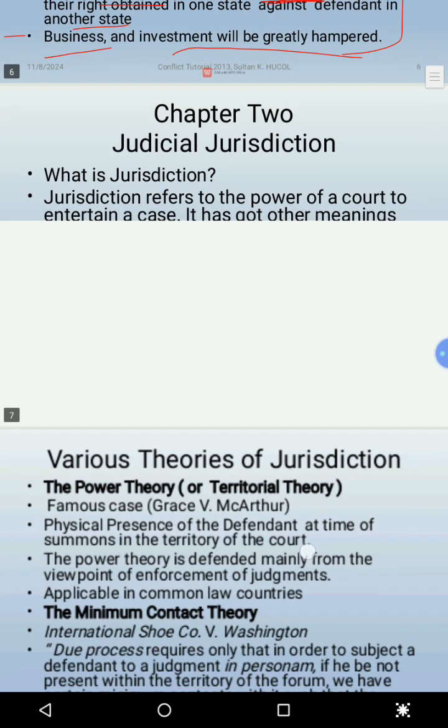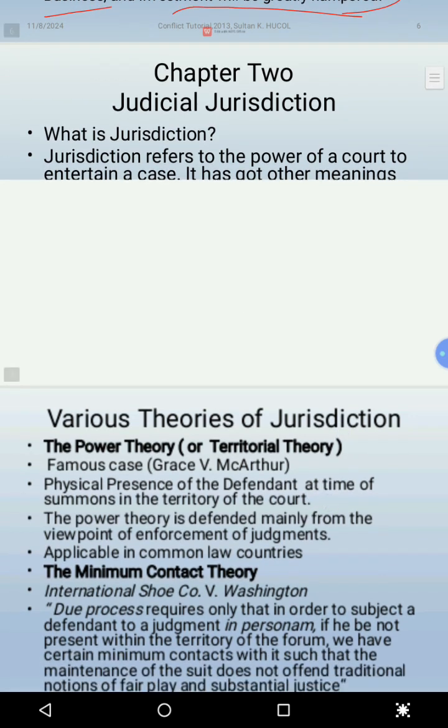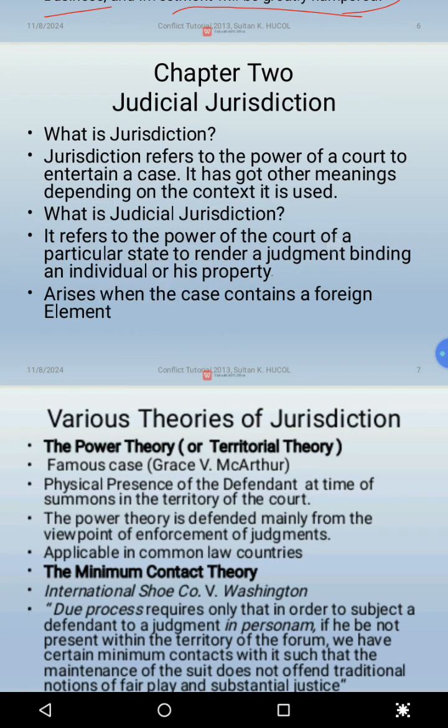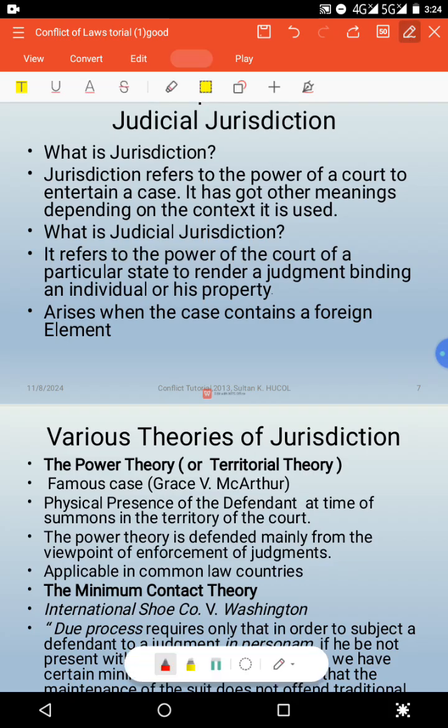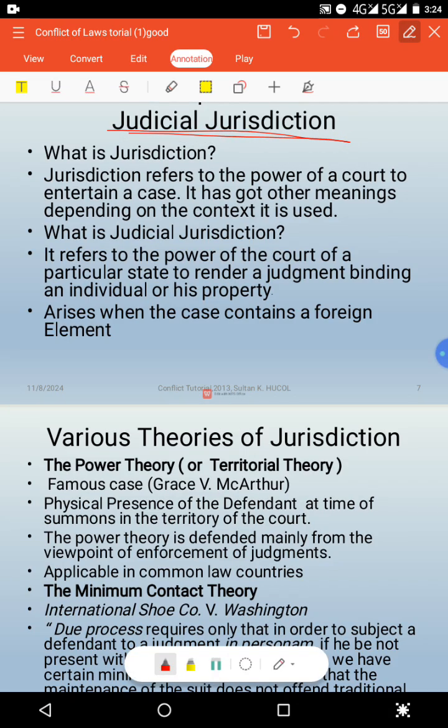And the other point we will discuss is chapter 2, judicial jurisdiction. What is judicial jurisdiction? Theories about judicial jurisdiction and the other points we will discuss there. But before we move to chapter 2, the time is already a lot.